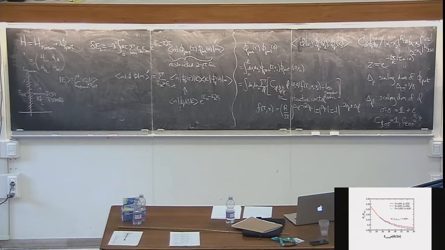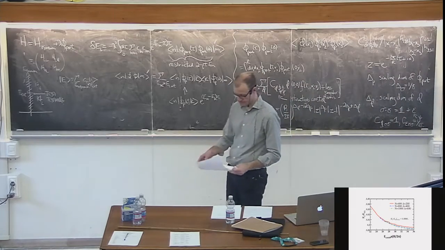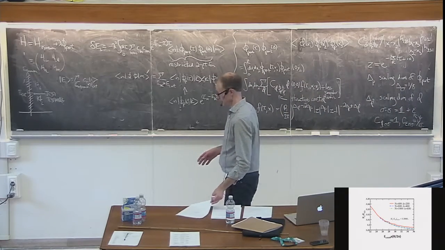The other structure constant you would need would be the sigma field with epsilon, and I think in my conventions it's 1 over the square root of 2.